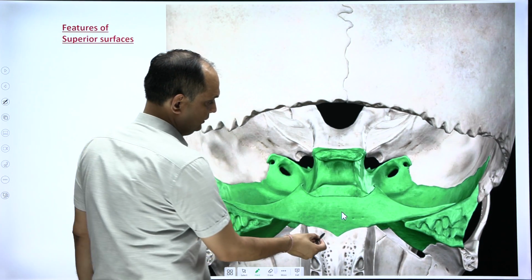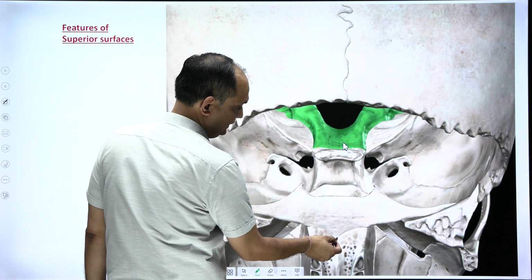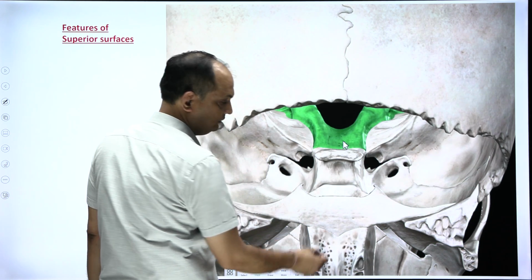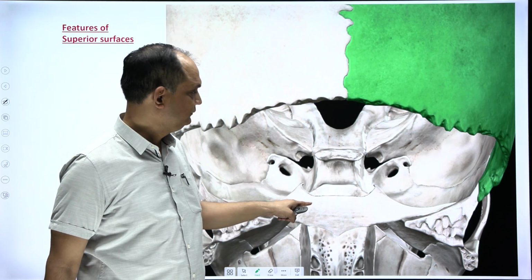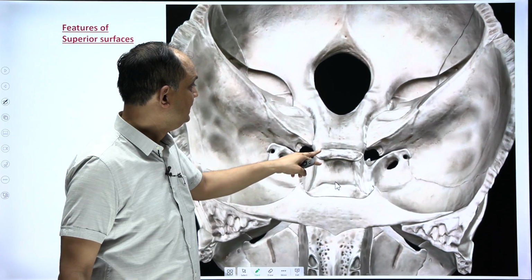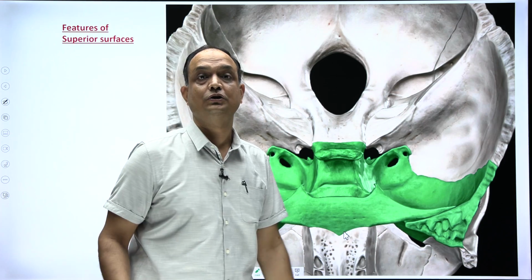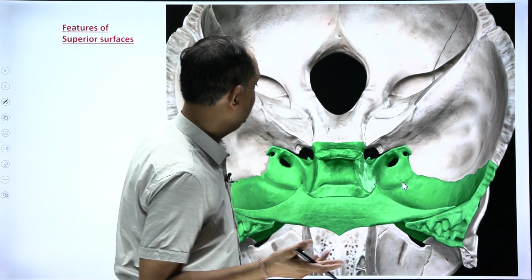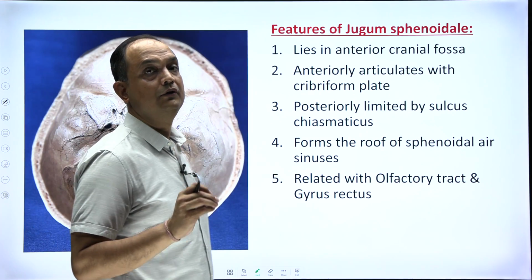Here you can see a projection, and this projection makes a joint with the ethmoid, so that's why it is known as the ethmoidal spine. Then this flat area is the jugum sphenoidale, behind that you will have the sella turcica, and posteriorly you will have the clivus, where it makes a joint with the basi-occiput. Clear?